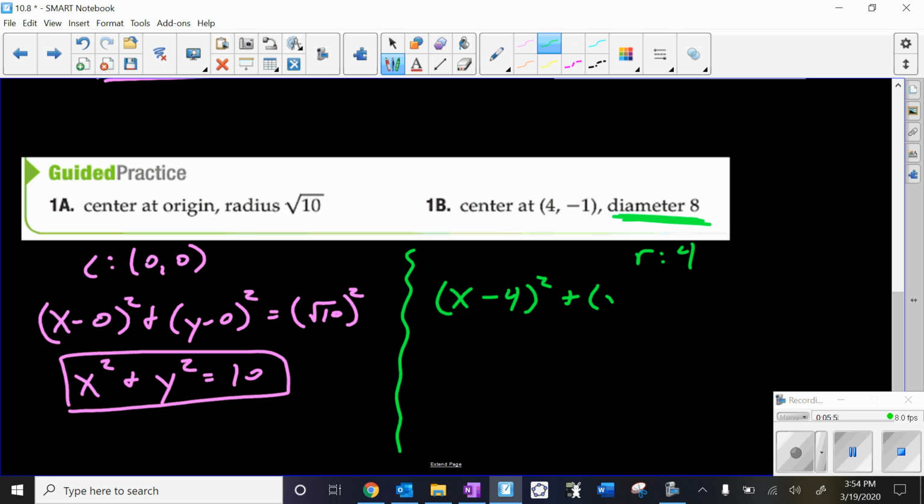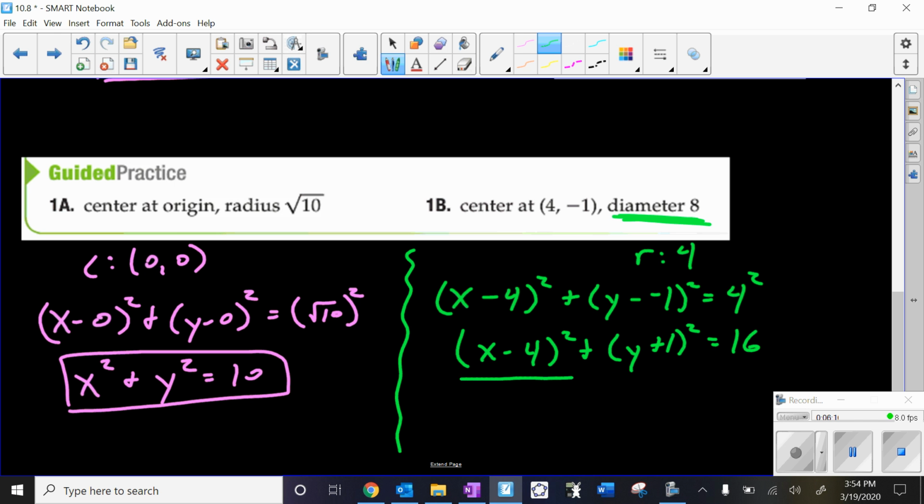Plus y minus -1 squared equals my radius squared of 4 squared. Simplify, x minus 4 squared plus y plus 1 squared equals 16. And that would be your equation.